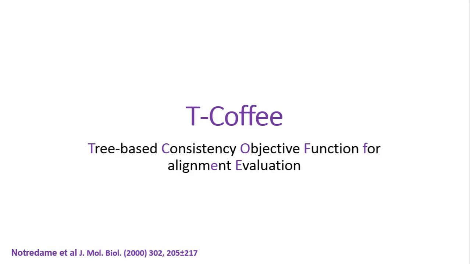Now we are going to study how some of these problems can be solved using the subsequent algorithm that I am going to teach you. The first algorithm that we are going to talk about is called T-Coffee, an abbreviation of a very big term: Tree-based Consistency Objective Function for Alignment Evaluation. Well, that is quite a mouthful.